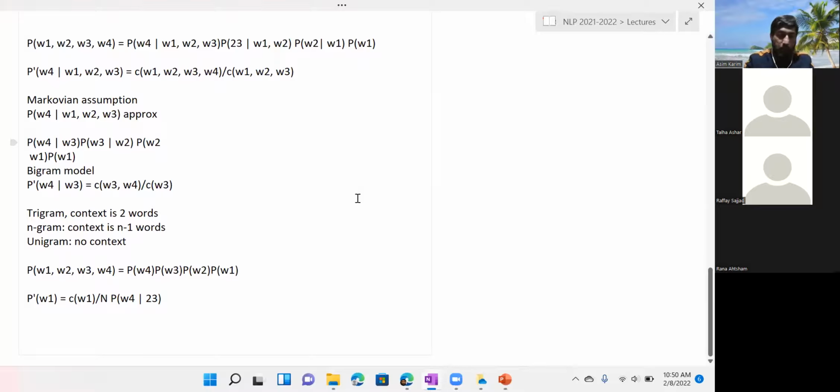So if you wanted to find W4 given W1, W2, W3, we have approximated this by simply saying it's W4. There is no context, no given condition associated with W4. So wherever W4 occurs in the corpus, we will count it and use it to estimate the probability of W4 irrespective of what appears before it.